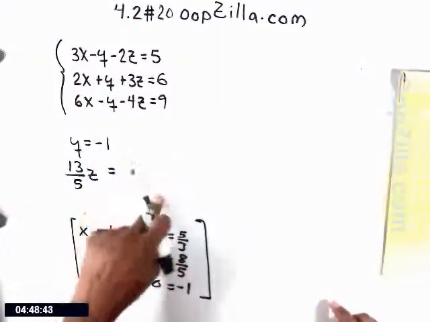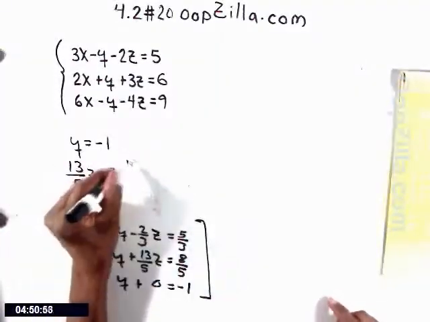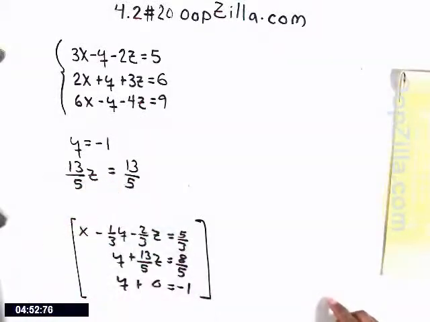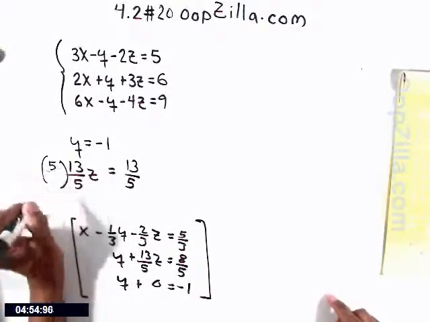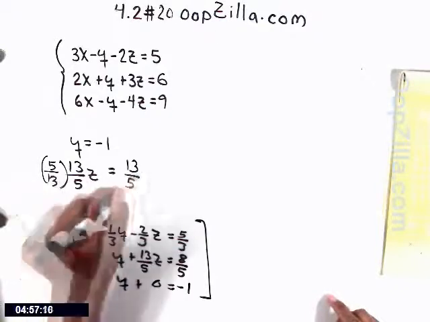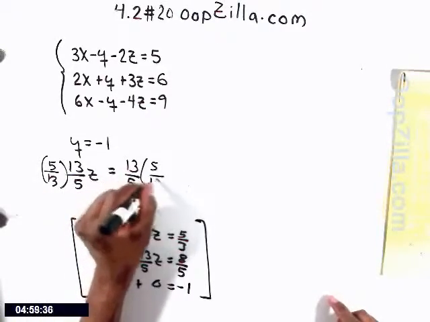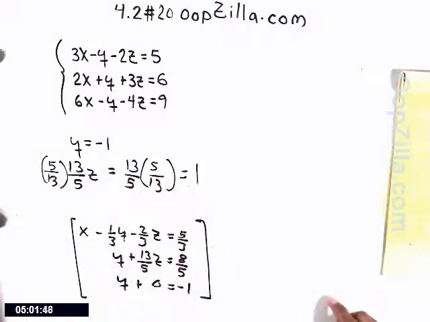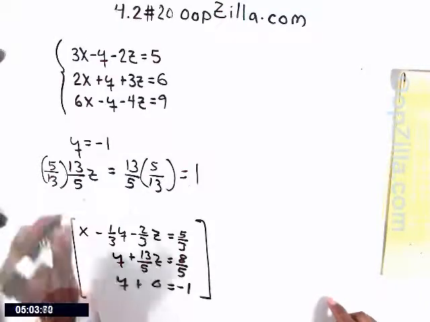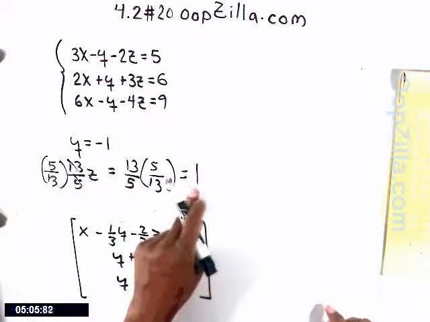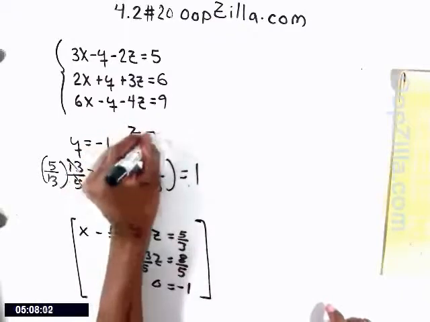And look, it's starting to blend with the other side. To get rid of this guy, I've got to multiply by 5/13 here and 5/13 over here. That's telling me that z is equal to 1. See that? My z equals 1.